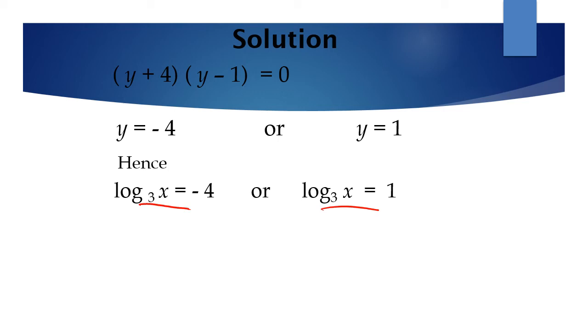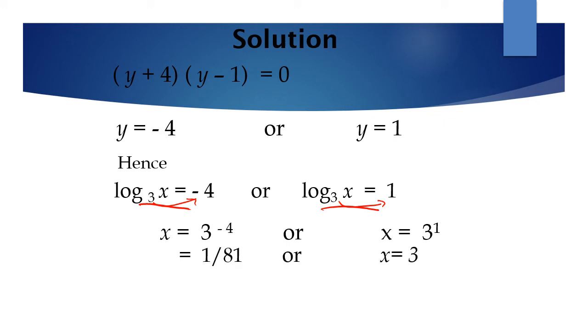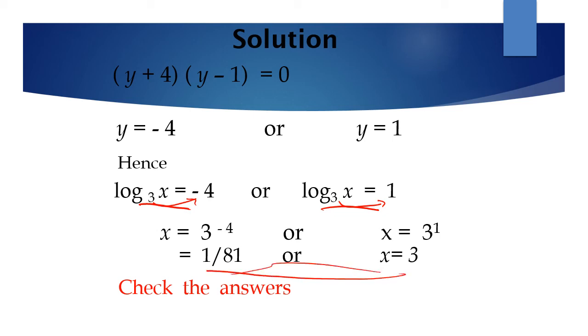So x is equal to 3 to the power of negative 4 or 3 to the power of 1. So we have x equal to 1 over 81 or x equal to 3. After checking, I checked these two answers, and both are answers to the question.